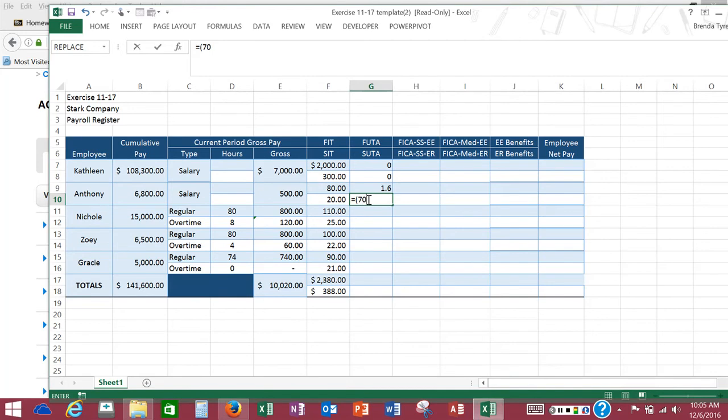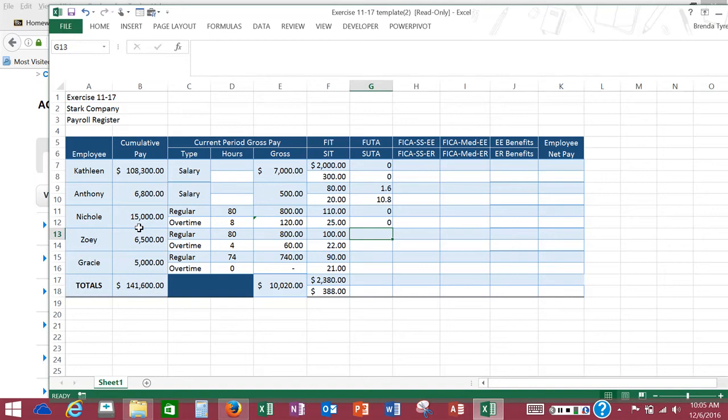We'll take the 7,000 minus the 6,800 times 0.054, and we get 10.80. Nicole, wages of 15,000 cumulative, so she is in excess of the FUTA cap limit, so we will put in zeros for her.